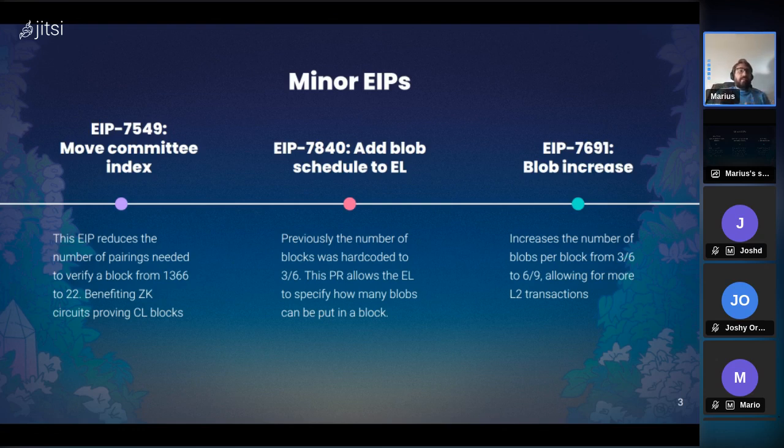We have 7549, an EIP on the consensus layer, which moves the committee index out of the attestation. That change allows the consensus layer to combine attestations better, because you can take different attestations from different sync committees.